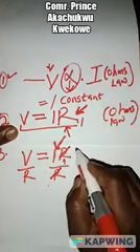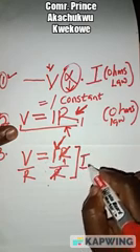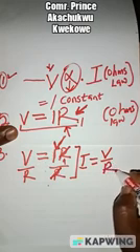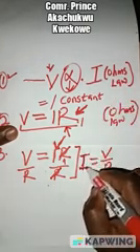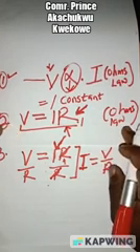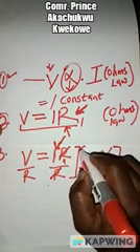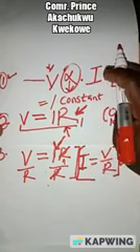So I will now be equal to V over R. You get that? This is another way of representing Ohm's law.